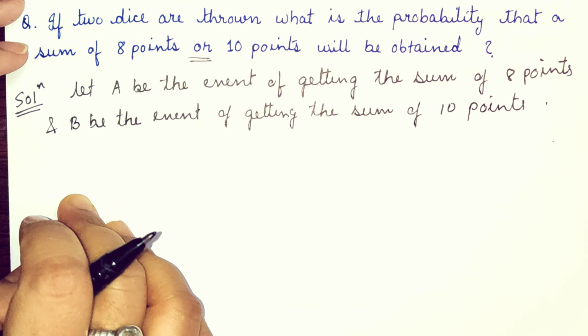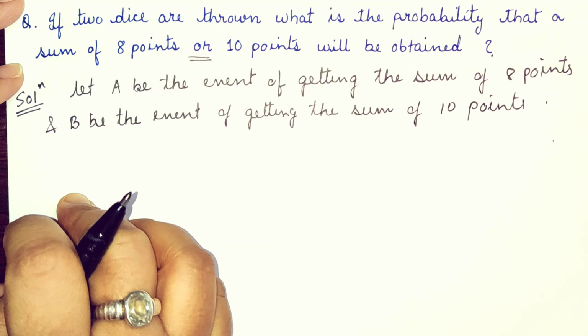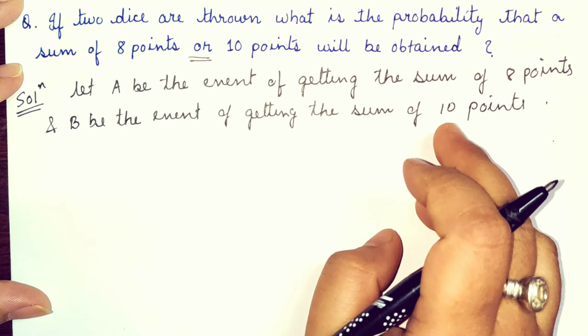If A and B are the events, then obviously P(A) and P(B) will be the probability of getting 8 points and 10 points respectively.